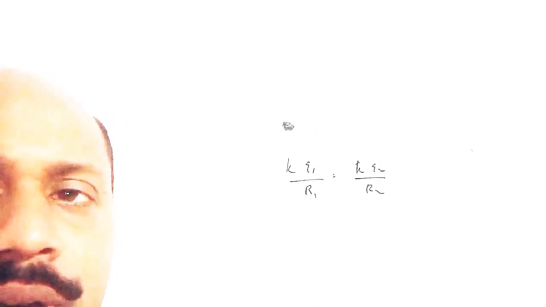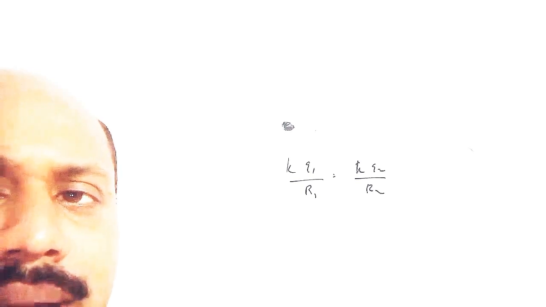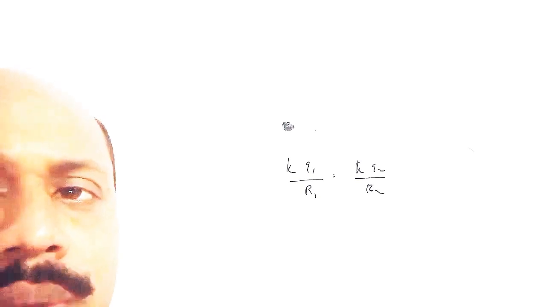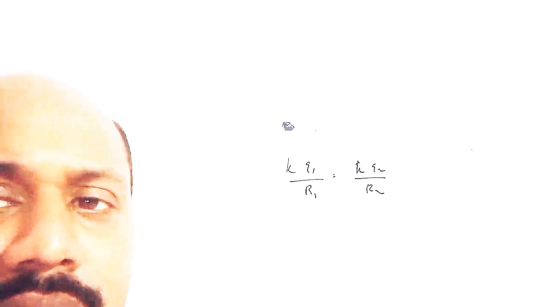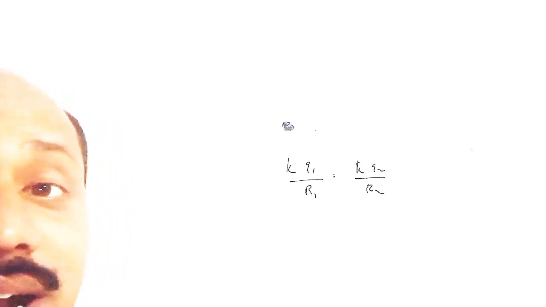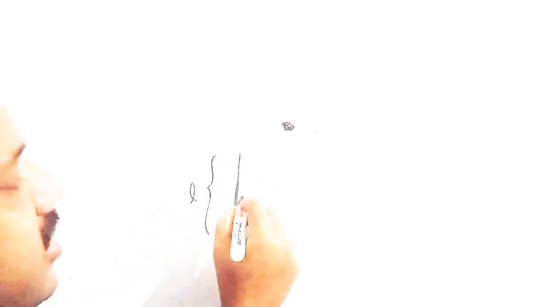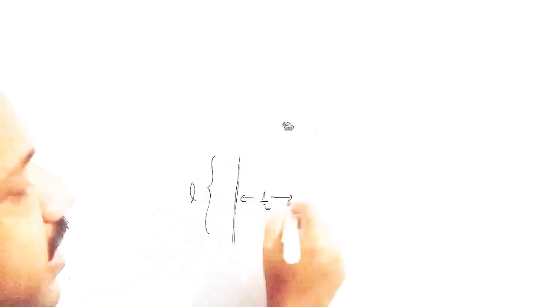10th question. The figure shows a square loop with side length A meter, resistance of wire ABC is R ohm, and that of ADC is 3R ohm. The magnetic field at the center of the loop is, right? Better to do it like this. First of all, what is the magnetic field due to a single straight wire of length L at a point having a distance L by 2 from the center?